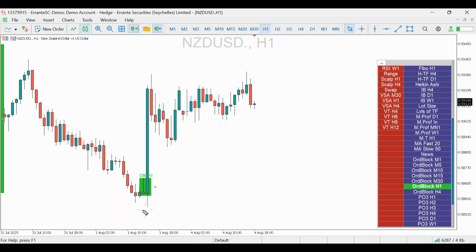What did I say? The market was coming down. You had this low over here, and before this low you needed to see the previous bullish candle, that is this one, as the market broke above. So that is your bullish order block.